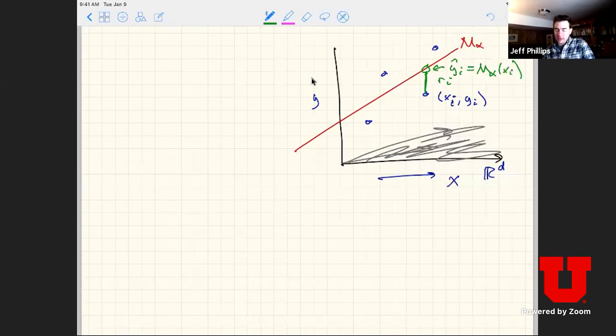So that's the value I get, that y coordinate, and I'm predicting right there. This residual is the difference in y coordinates here. So Ri is m alpha xi minus yi, so yi hat minus yi.